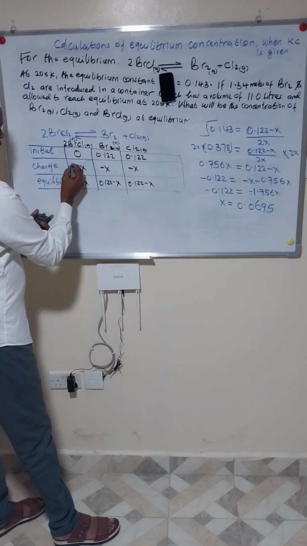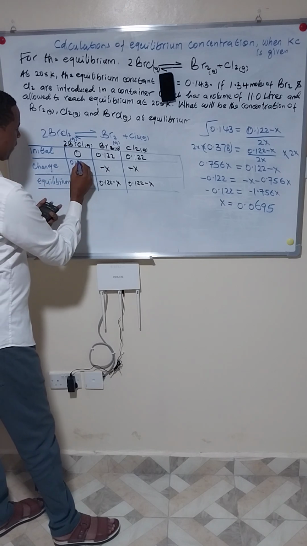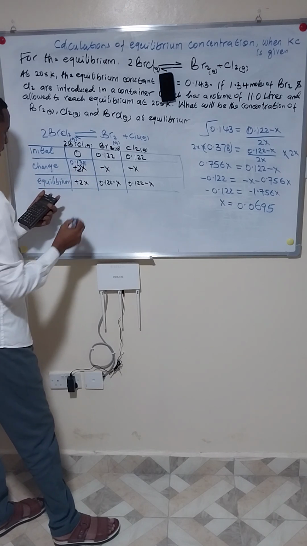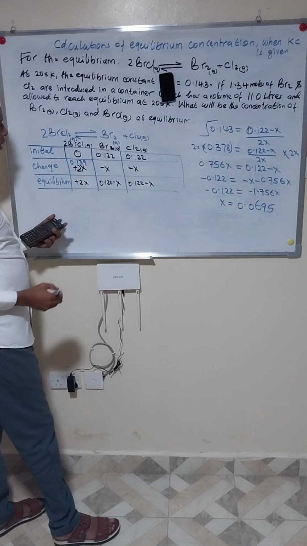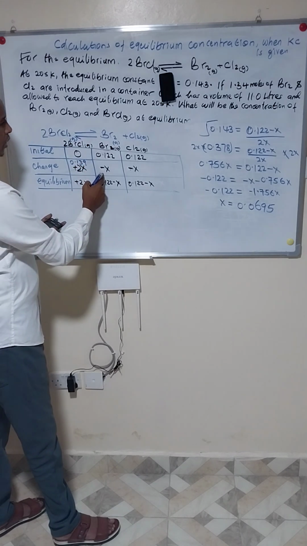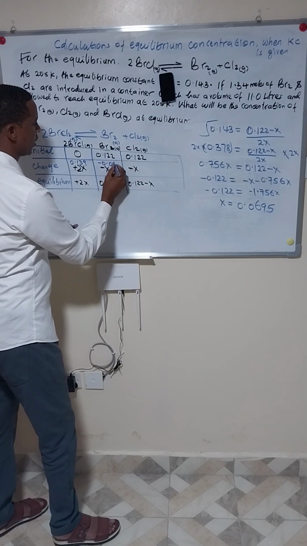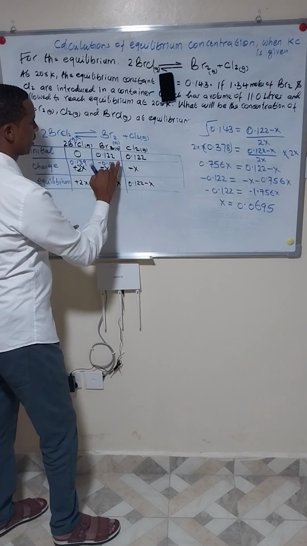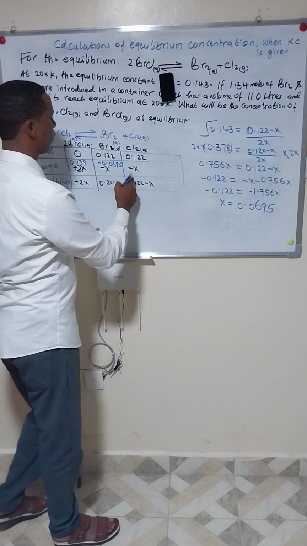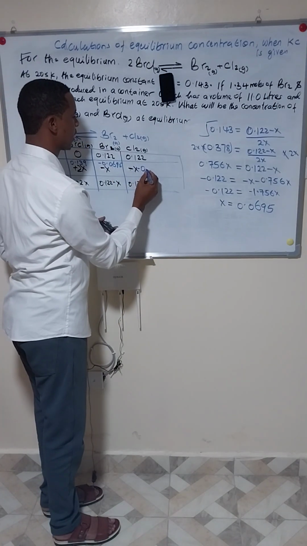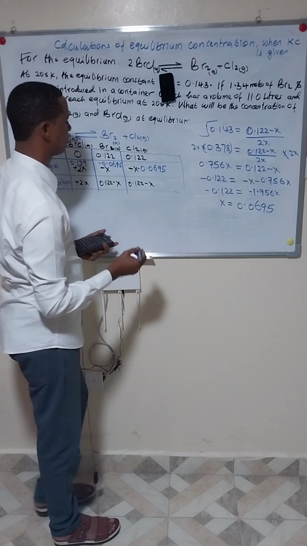So the change in bromochloride will be 0.139, we round off. For bromine, we'll only have minus 0.0695, and for chlorine, we'll also have minus 0.0695.